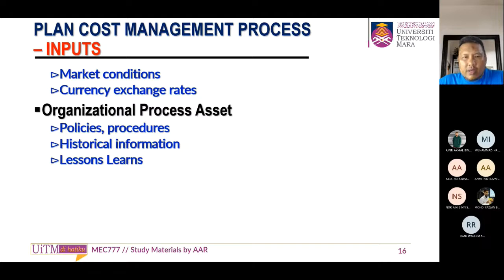Sand, pasir, also increased. A lot of construction costs increased right now. It is not a suitable time for us to do construction because costs increase rapidly. Sometimes it does not make sense, we cannot think that cost will increase like that. But we cannot do anything.